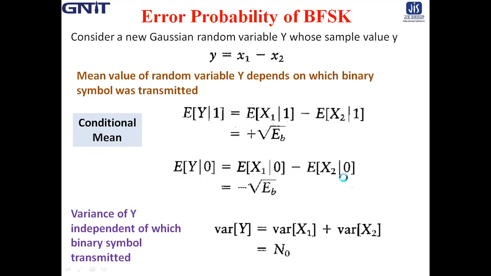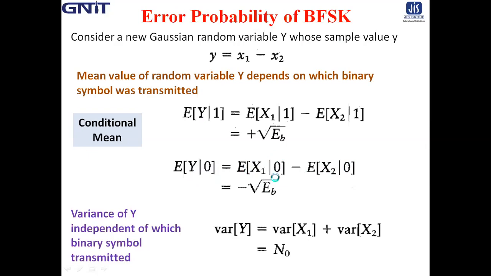Correspondingly, the conditional mean of y, given that symbol 0 was transmitted, expectation of y conditional 0, is equal to expectation of x1 conditional 0 minus expectation of x2 conditional 0.